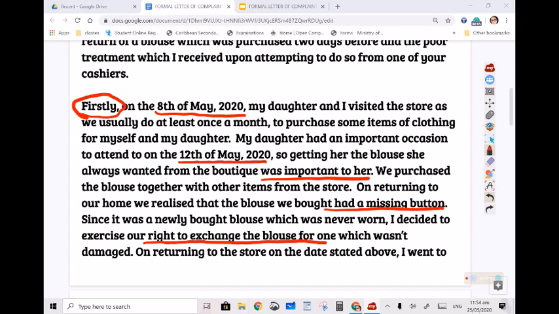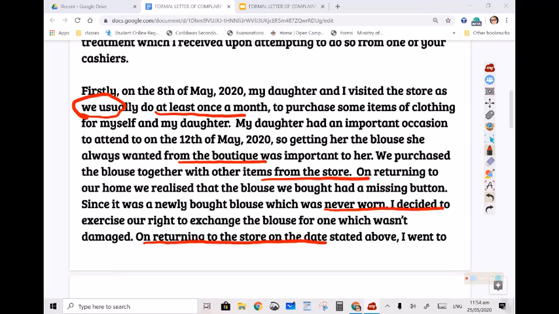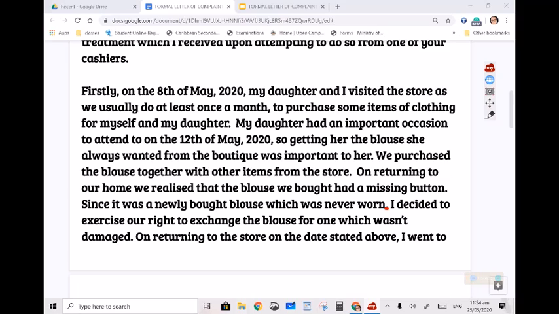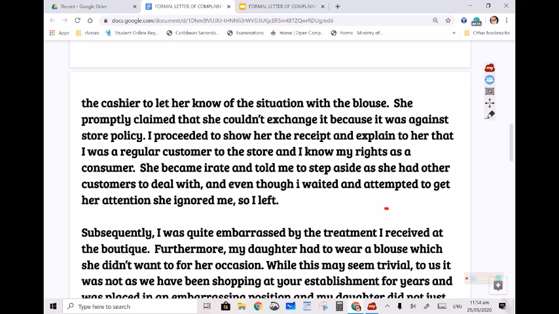On returning to the store, on the date stated above, I went to the cashier to let her know of the situation with the blouse. She promptly claimed that she couldn't exchange it because it was against store policy.